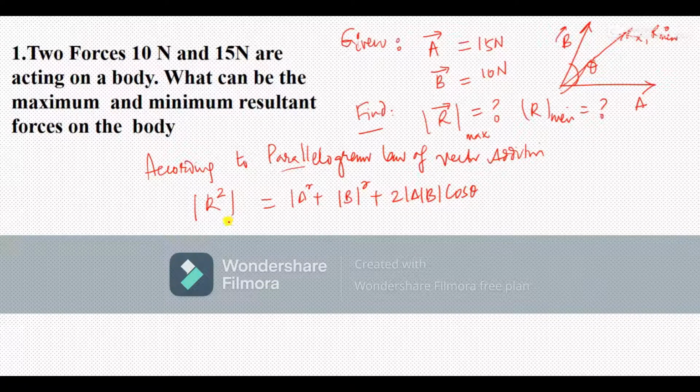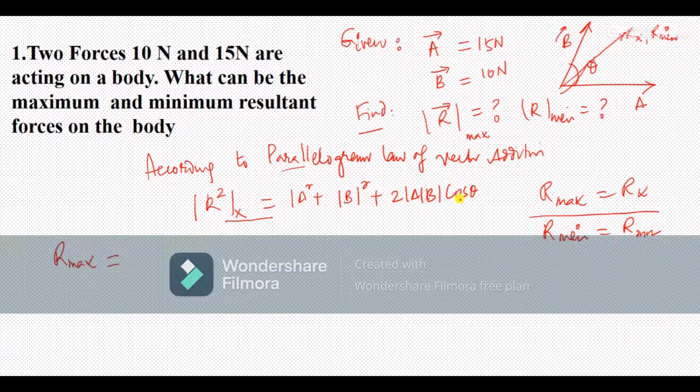So in this equation, to find the maximum, we call the maximum R max, and R minimum is equal to R min. We will term it this way. In order to find R maximum, the only issue here is cos theta.